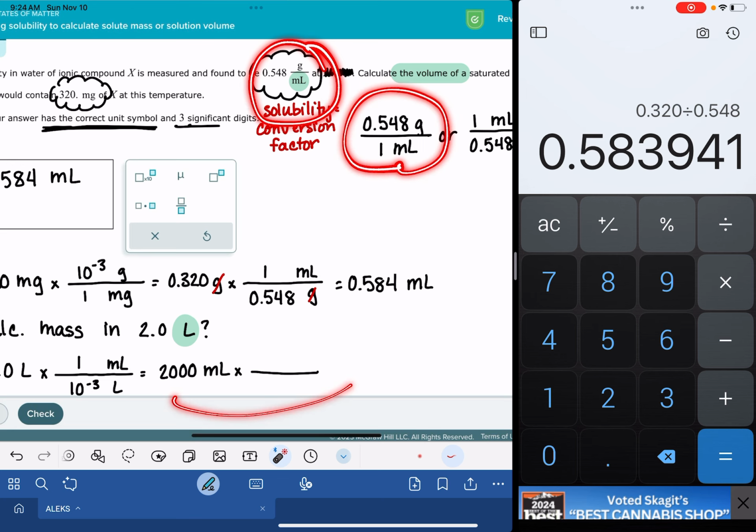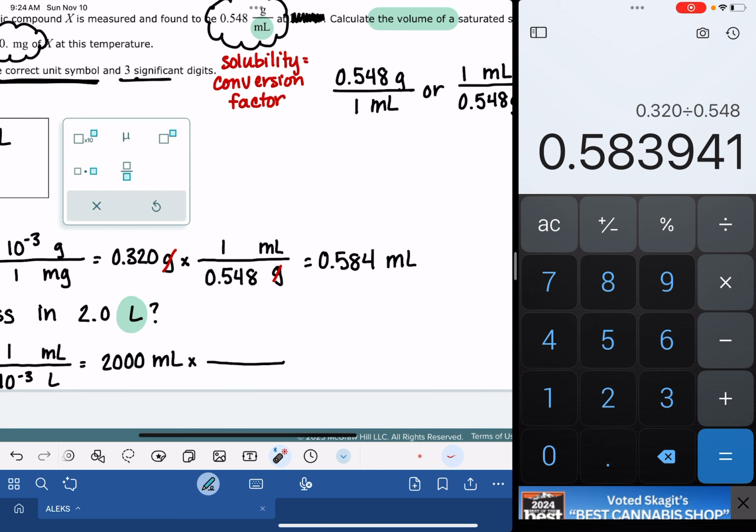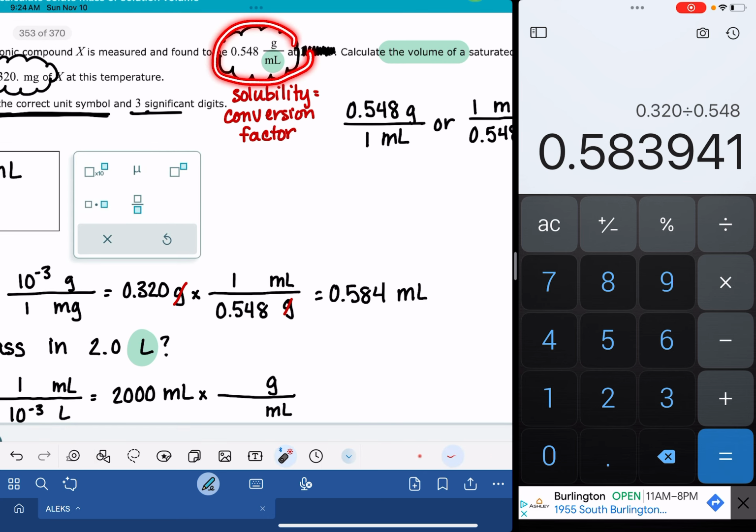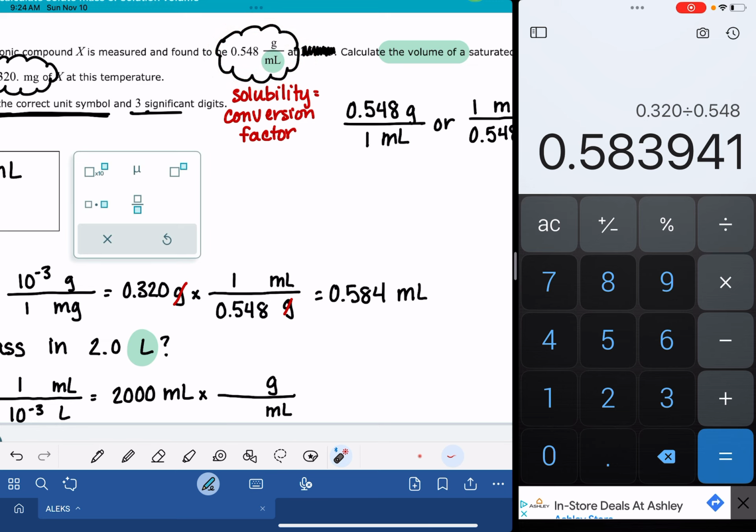In this version of the problem, since we're trying to cancel out the units of milliliters, we want milliliters on the bottom, we want grams on the top. This version of the problem is easier, in my opinion, because the conversion factor is set up in the correct order for this particular version.